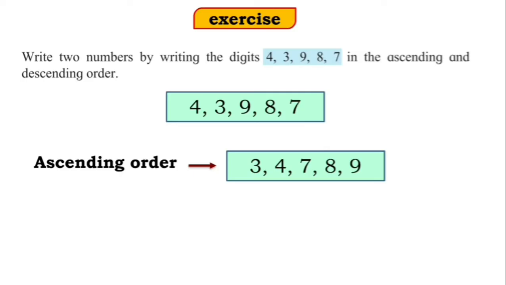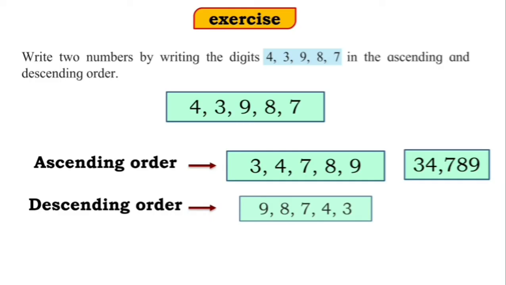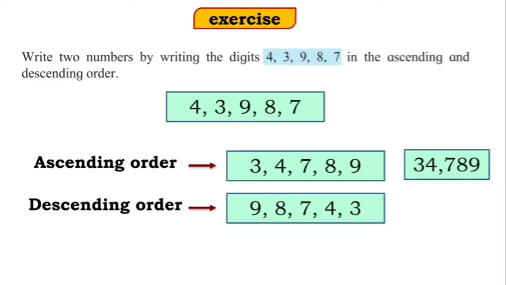And the number that we can form by arranging these digits in ascending order is 34,789. Now the descending order will be 9, 8, 7, 4, 3. And the number that we can form by arranging these digits in descending order is 98,743.